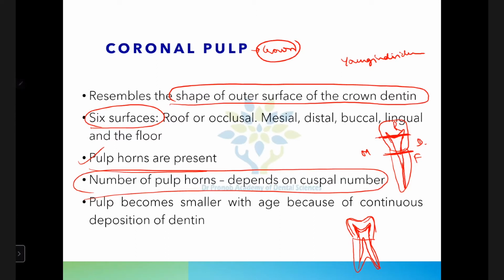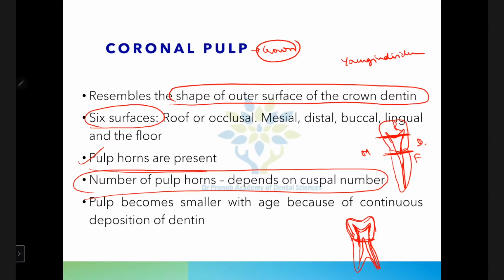Next, in the cervical region the pulp horns will constrict. Just like here you can see the constriction in the cervical region of the tooth. Just like how the tooth is constricting at the cervical region, our pulp is also constricting at the cervical region. Understand? The cervical region of the pulp organ is constricting just like the contour of the crown.